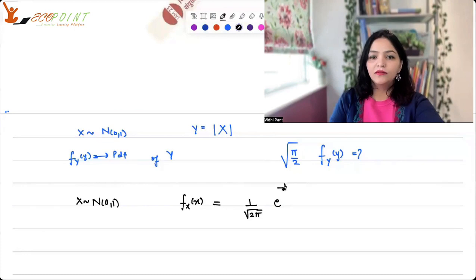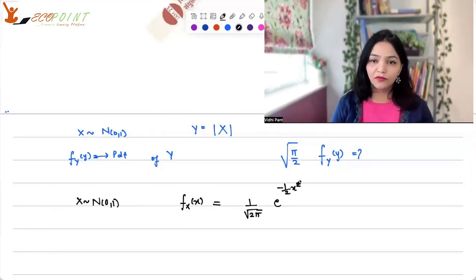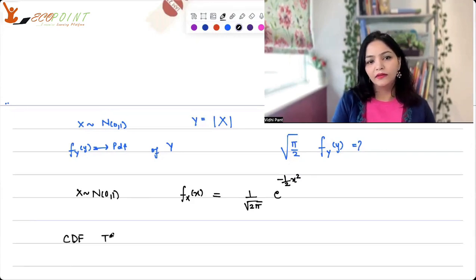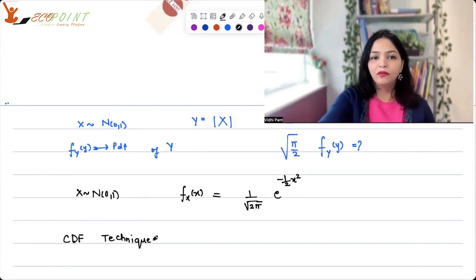Since we do have the distribution for X with us, we know its PDF, okay? So this is the PDF for X. Now, use the CDF technique to find the PDF for Y.